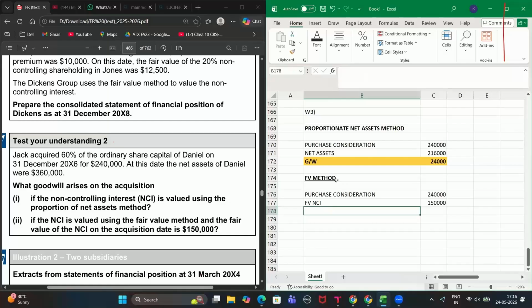What will be subtracted from this? Net assets at date of acquisition. How much is it? Is it 216,000?